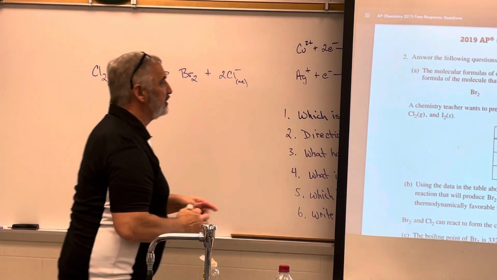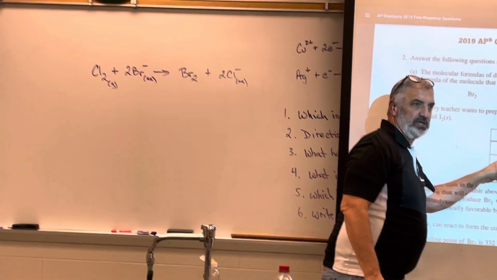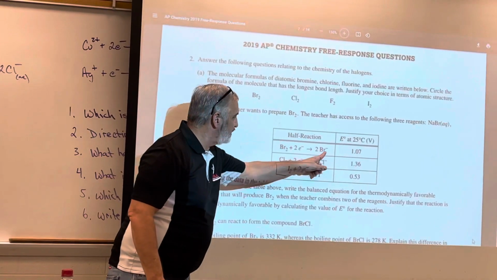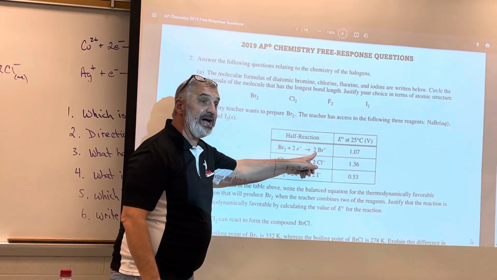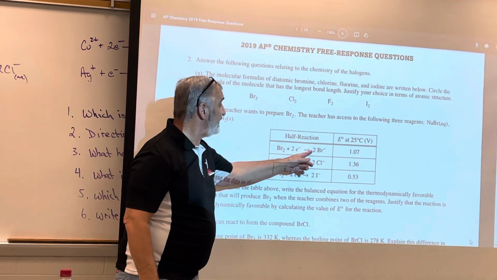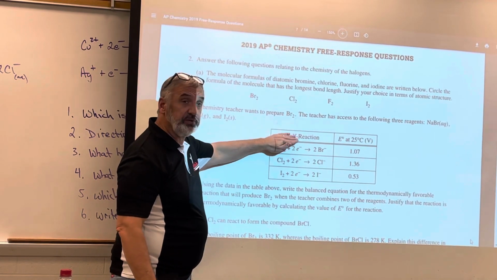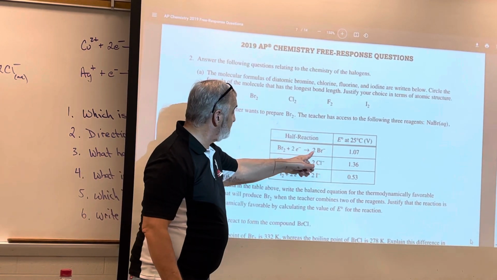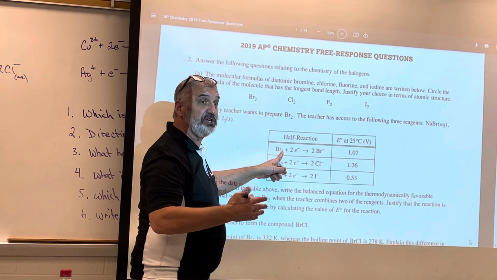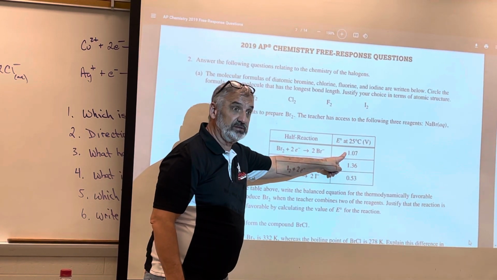A chemistry teacher wants to prepare Br2, so I want to make that. So if I'm going to make this, I have to go this way in my reaction, which means it's going to get oxidized. Left to right is reduced, right to left is oxidized. Everything is always written as a reduction potential. So, since I want this to be oxidized, the thing that's got to be reduced has to have a higher E cell than this one.